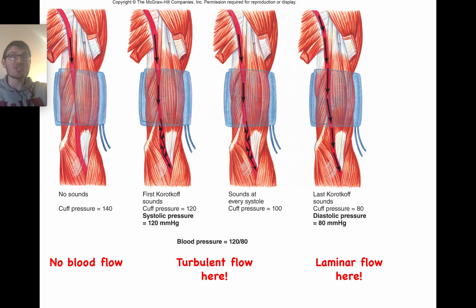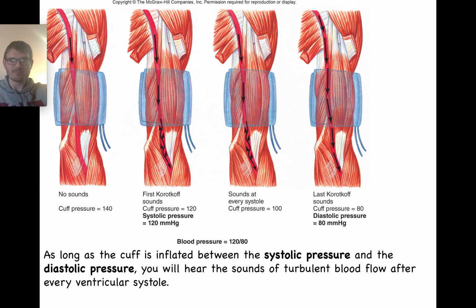So once you stop hearing turbulent blood flow as you reduce the pressure in the cuff, take a look at your gauge. That pressure, when you stop hearing those sounds, is going to be equal to the diastolic pressure, that point where you have restored laminar blood flow.